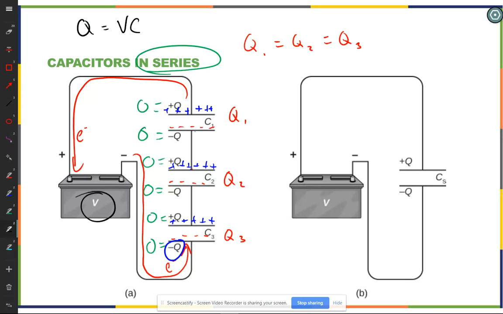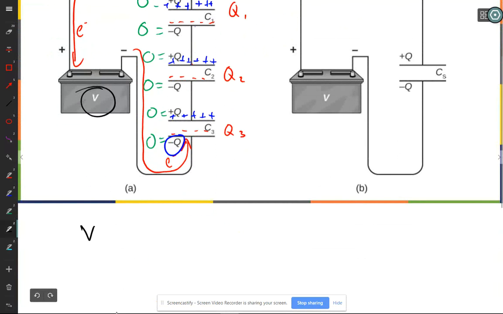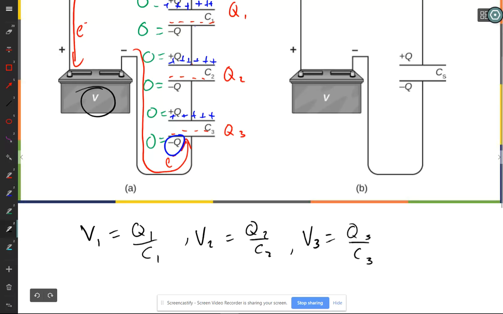Now, if I look at each capacitor, it is going to have V1 is equal to, there I was very generic. Q is equal to VC, so V is equal to Q over C.